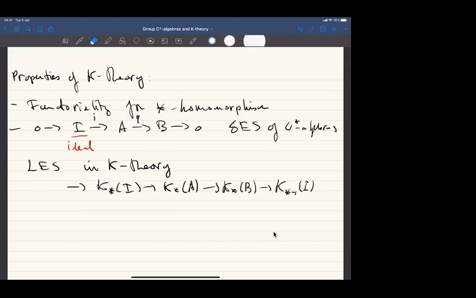So here we come from K star plus 1 of B. So these are boundary maps, and these are just functorially induced maps. And so this already starts looking a bit like a cohomology theory. In fact, it's even better.